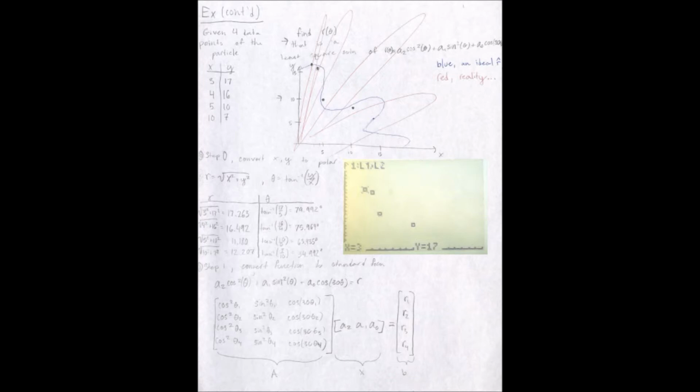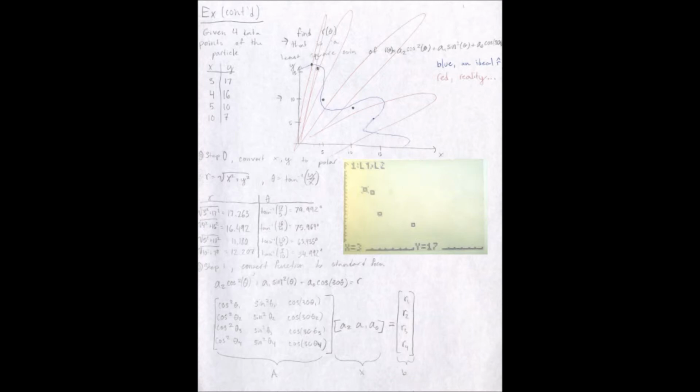Looking at the second page, we have the points (3, 17), (4, 16), (5, 10), and (10, 7). The red and blue markings I'll explain in a bit, but you can see the black dots are plotted on the xy plane.